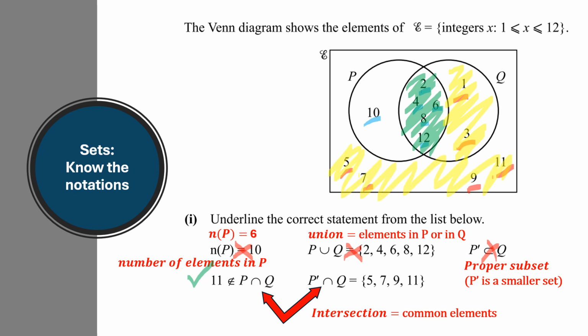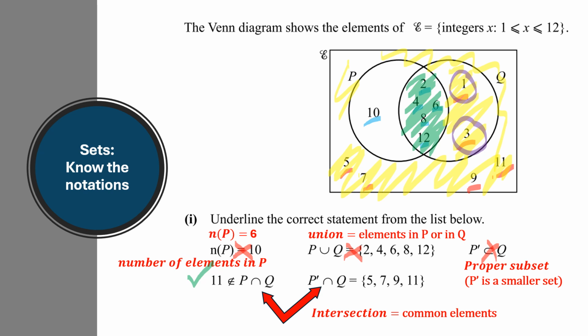So this region is P complement, and then intersect Q means the region that coincides with Q. So that means it's including this and this as well.